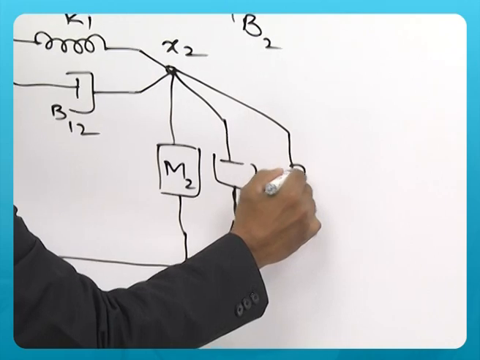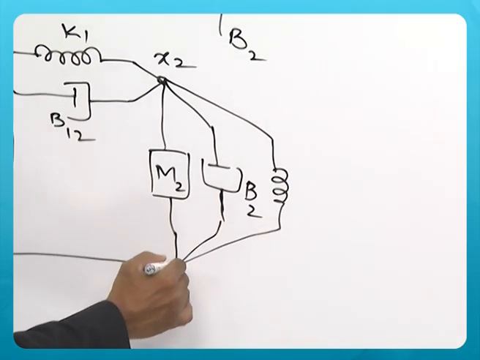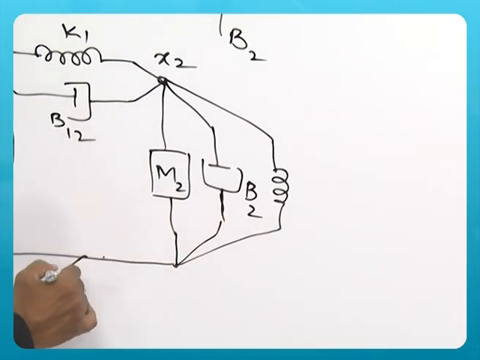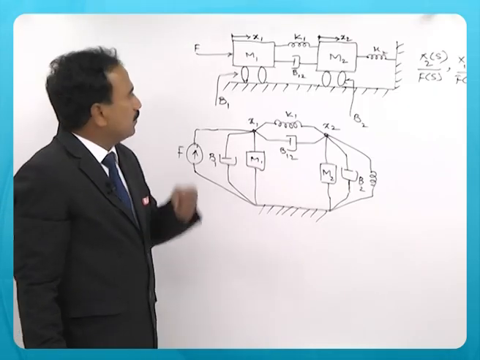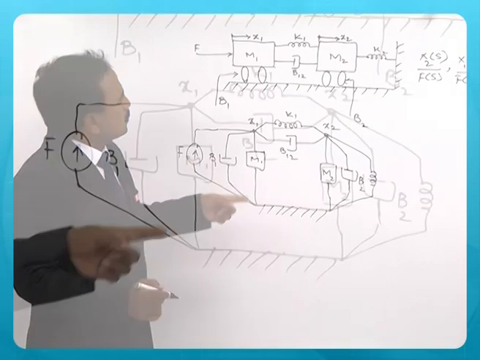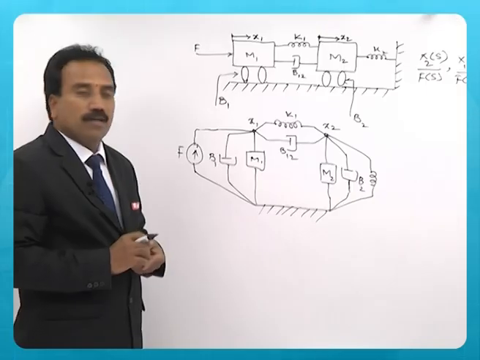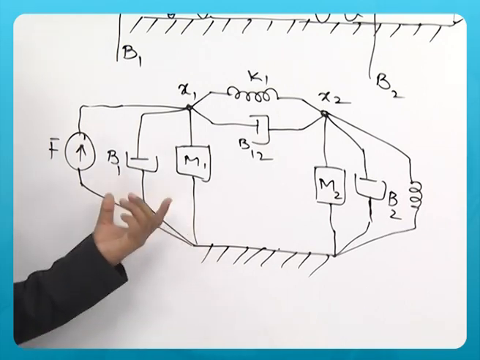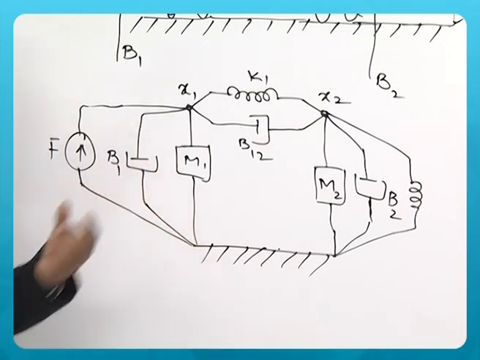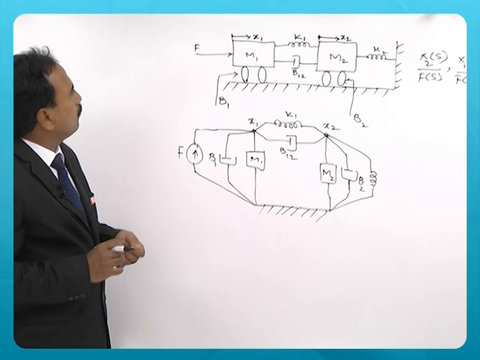So, it exists between x2 and ground. So, this is ground, this is ground. Now, almost all the components are covered. It looks like an electrical circuit. It is a mechanical circuit only because all mechanical components are involved.